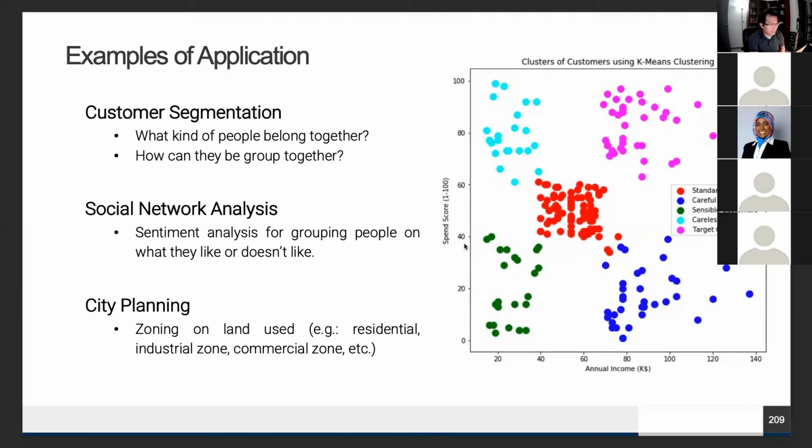Maybe they define that if you spend between 1,000 and 5,000 a month, your score is 1, and if higher, then your score is higher. Based on this, we can define a characteristic of this customer, whether they are standard customers or careful customers. They have high income but don't spend much.